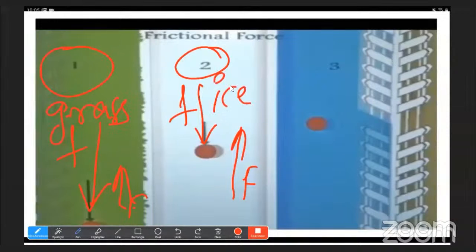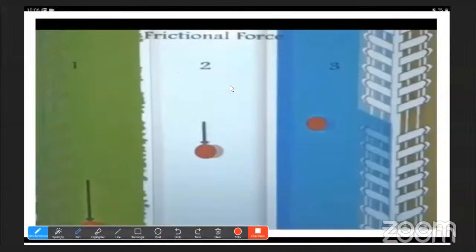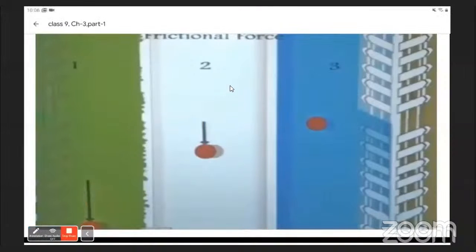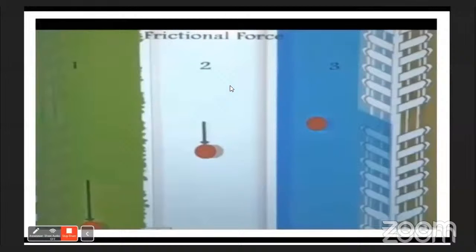On the ice surface, frictional force is somewhat less compared to the grass surface. Hence the ball on surface 2 was able to move a greater distance because of less friction.